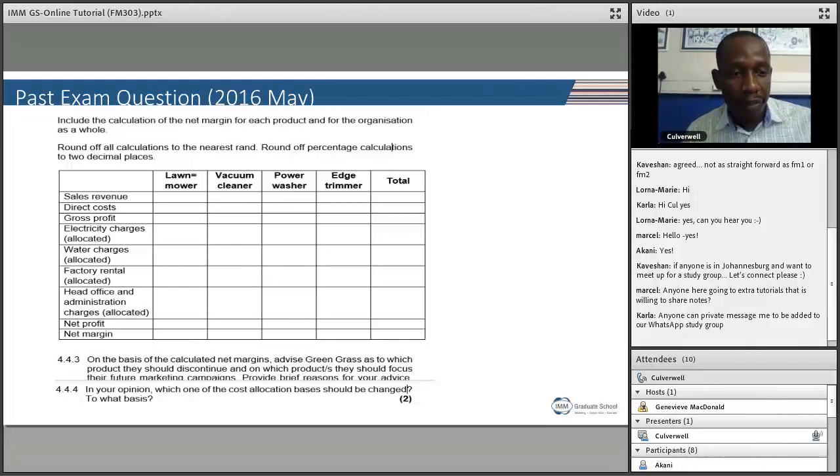Minus the head office and admin, which we allocated equally, which was 5 million. You will be making a loss. I've got a negative there. I've got a loss of 201,600. So I will put the loss in brackets. You will do exactly the same for power washer, edge trimmer, together with your total column.